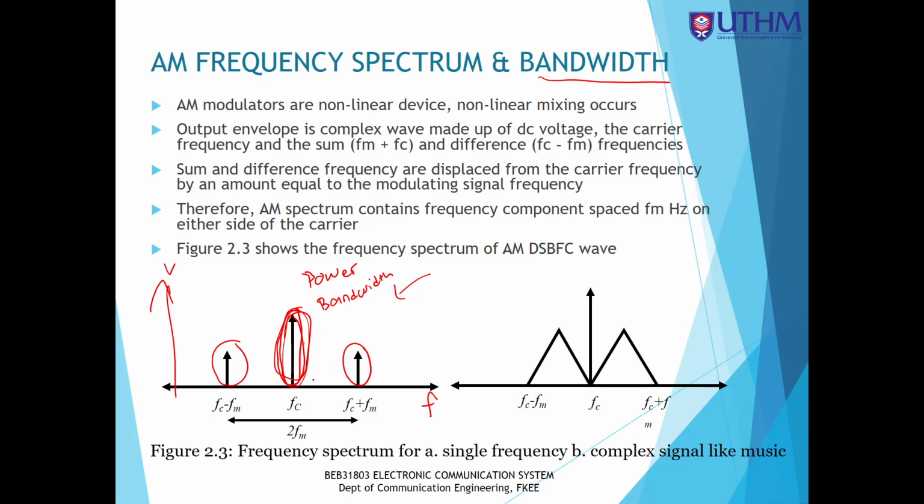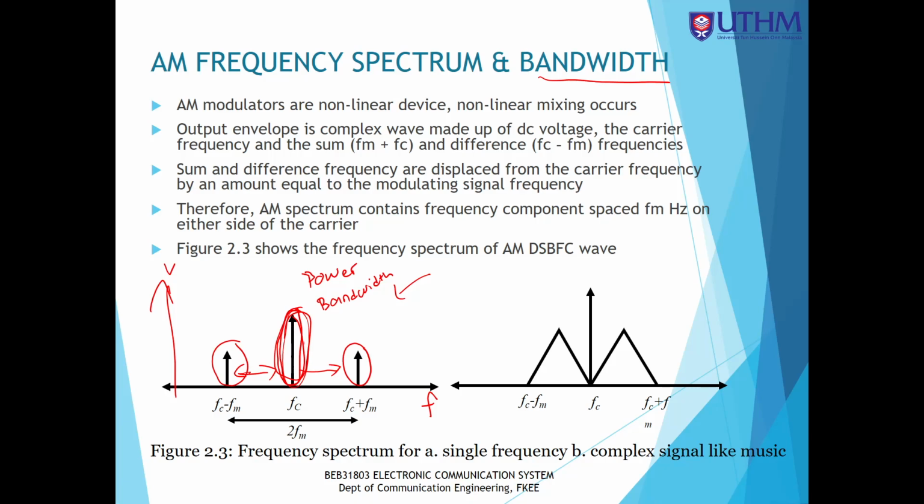The bandwidth for double sideband full carrier is considered large for certain applications, because we use 2 fm, and we are transmitting duplicated information, so we waste bandwidth.